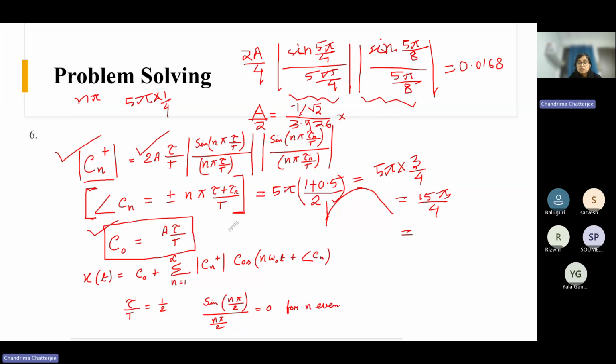Okay. Then we have divided by 8. This is 0.923 and 5 pi by 8. Sorry, this is not equal to, this is multiplied by, sorry, 5 pi by 8. This is 1.963 equal to 0.0168.